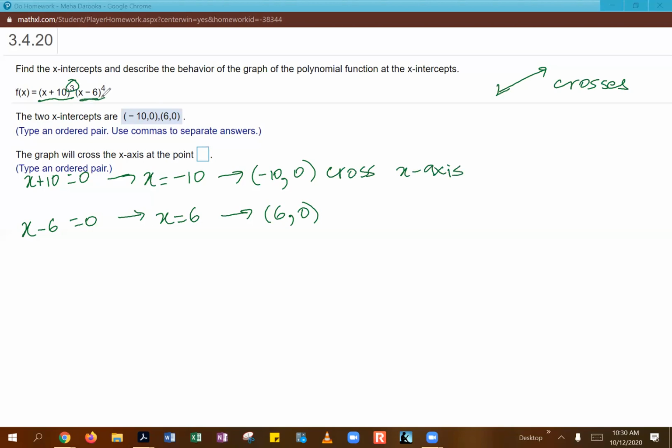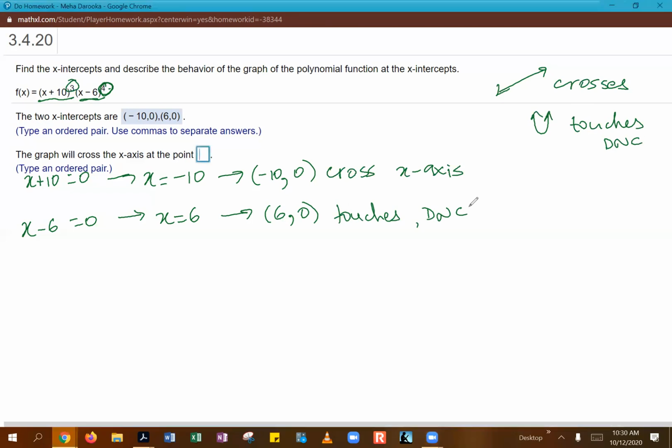For the even exponent, remember the parabola. So a parabola touches but does not cross, and that's what's going to happen over here at 6, 0. Your graph touches, but it does not cross the x-axis. So when they're talking about the graph will cross the x-axis at the point, that's of course going to be at that negative 10, 0.